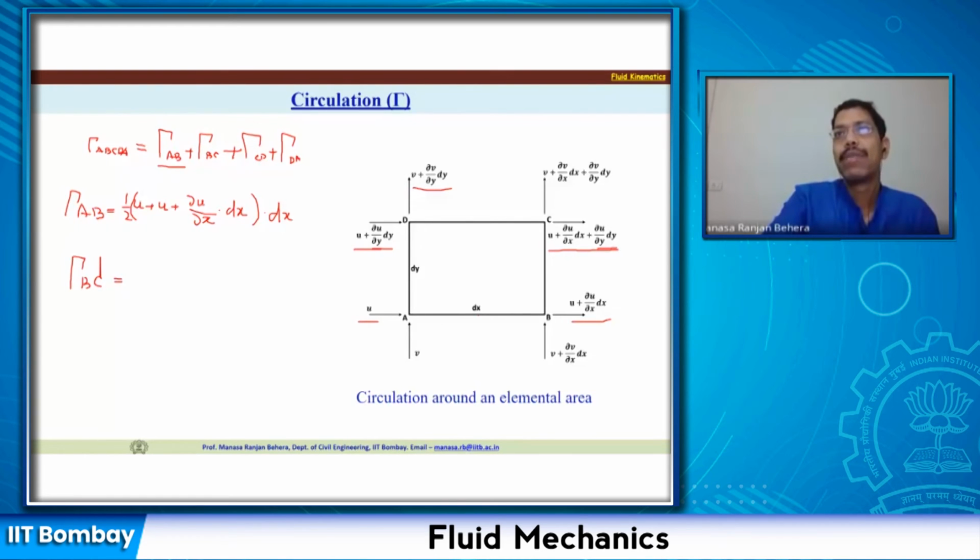Along BC, the velocity is v plus ∂v/∂x multiplied by dx, and this velocity, that is v plus ∂v/∂x dx plus ∂v/∂y multiplied by dy. So if you take that, then it is going to give you the velocity. I'm not going to write the whole thing. Let us say it is going to be 1/2 of both the velocities.